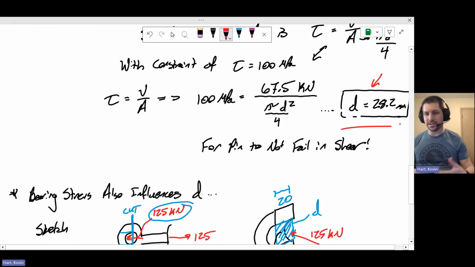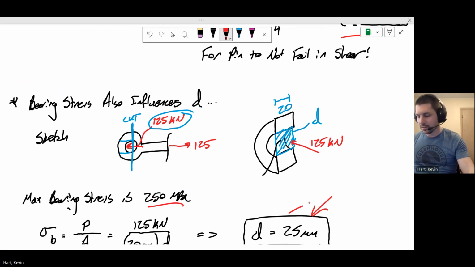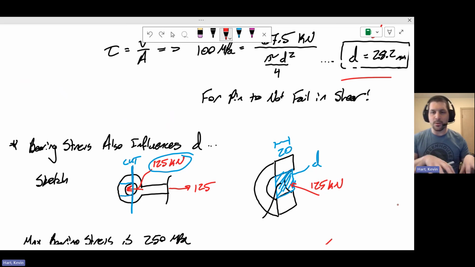A value of D that comes from the pin failing in shear, and a value of D that comes from the bearing stress. And if we're thinking about what's the minimum value, then we have to pick the larger value of the two.